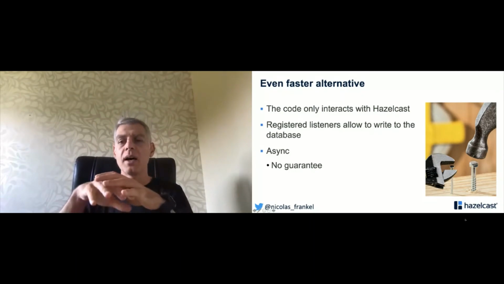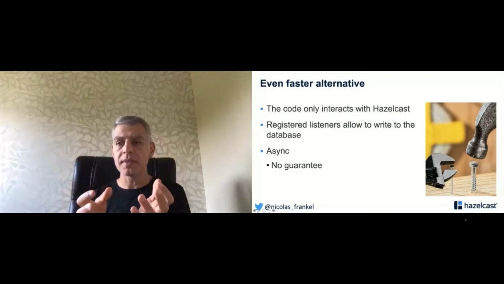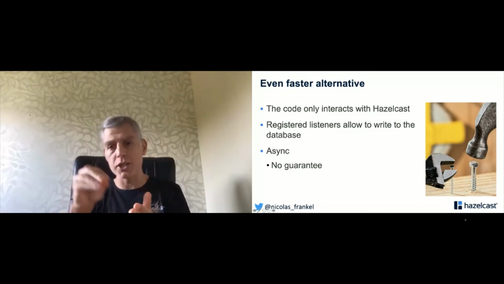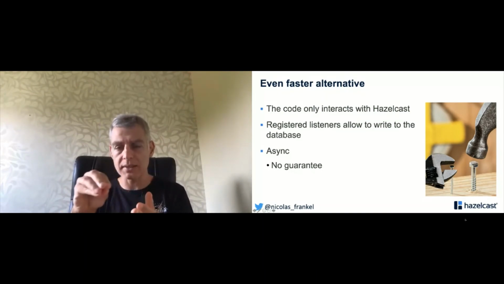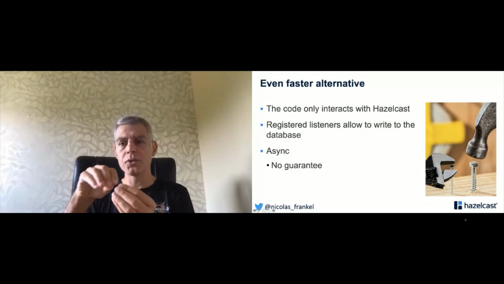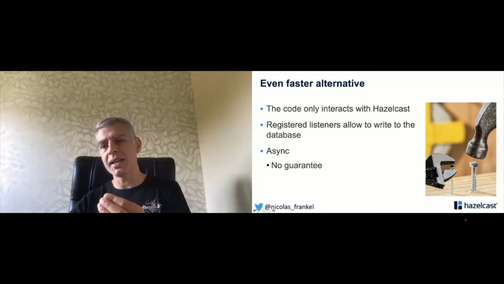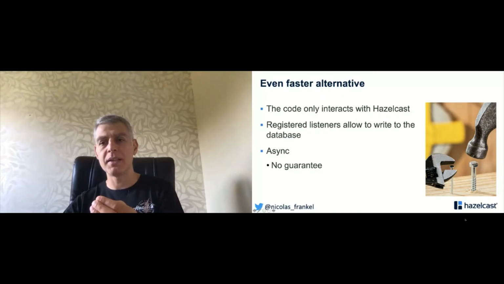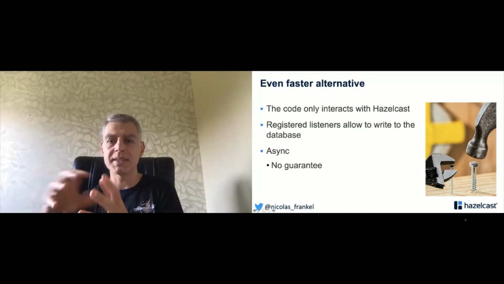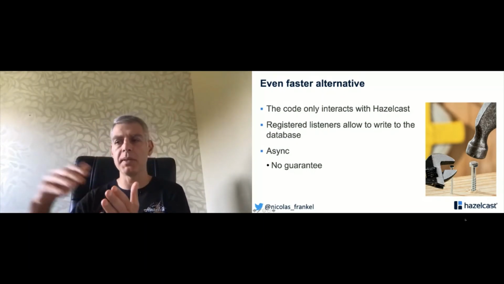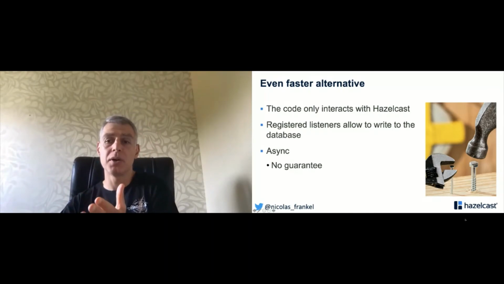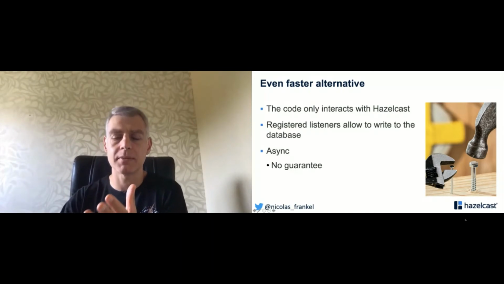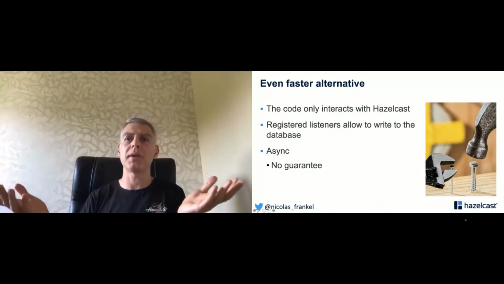And then you have a listener that when you do a change, so when you do a write, when you do an update, will synchronize with the database in an asynchronous way. But since it's asynchronous, there will be no guarantee in the end. So you might not be sure about the consistency of the cache, but it will be very fast. So again, it's a trade-off.